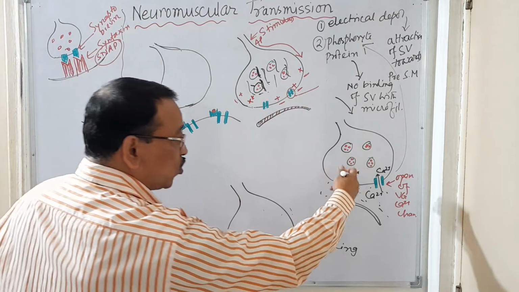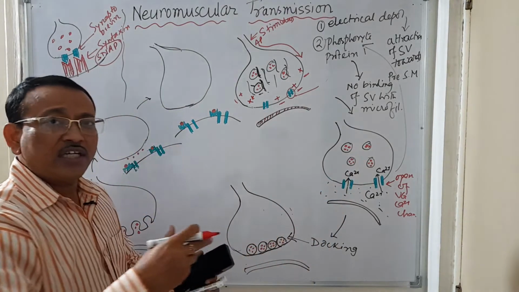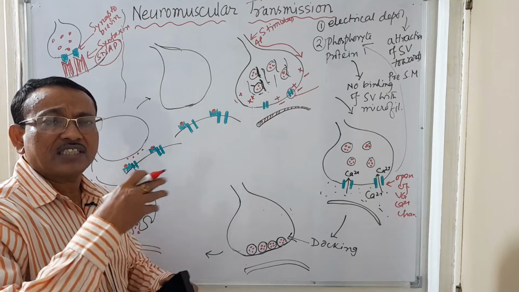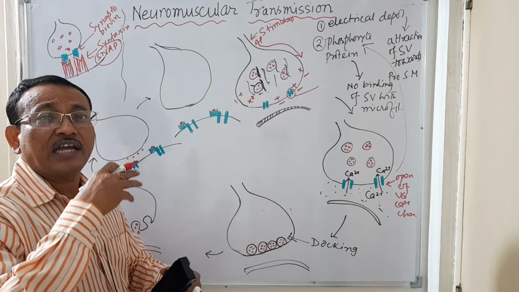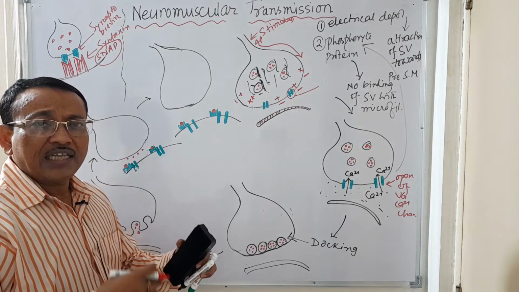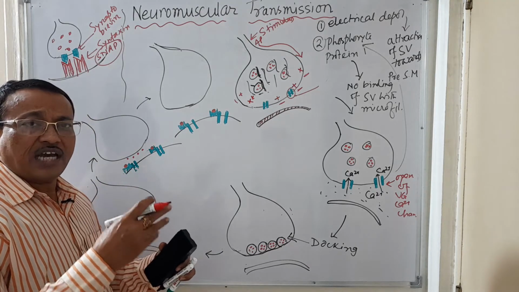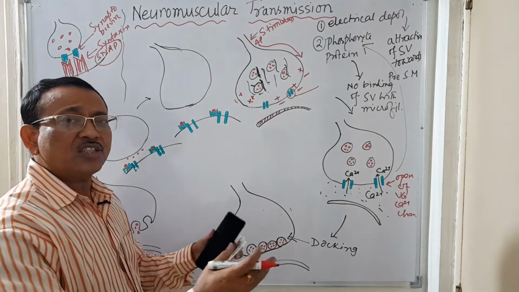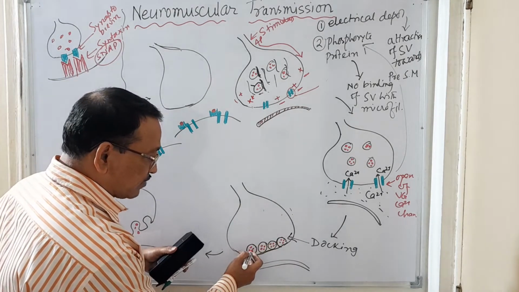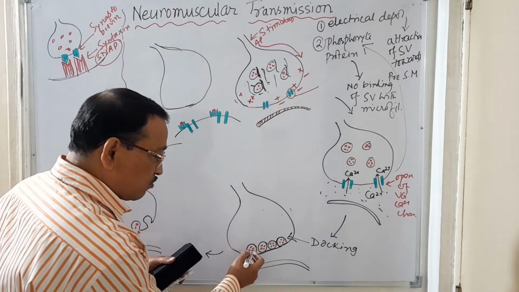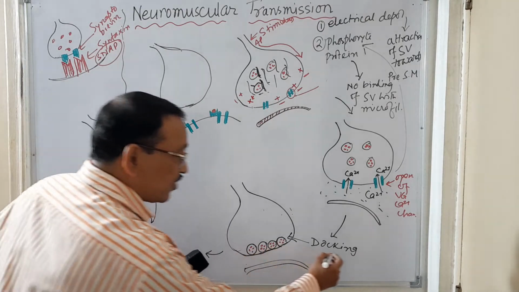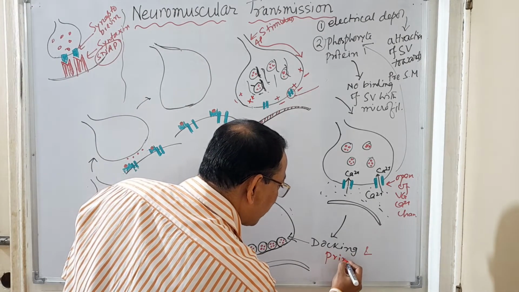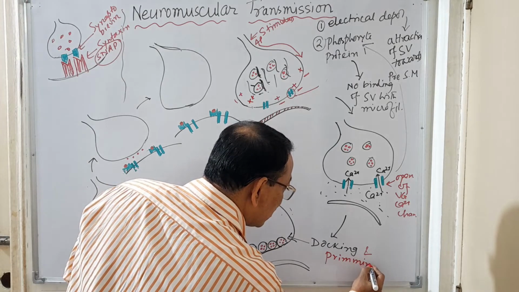Then those calcium ions also initiate some other chemical changes, activation of different enzymes, and this activation of the different enzymes ultimately helps the release of the neurotransmitters from the synaptic vesicle, and that phenomenon is known as priming. So docking and priming.